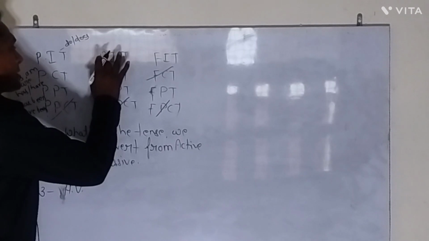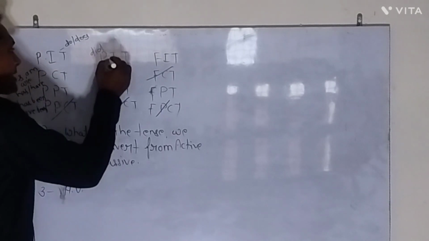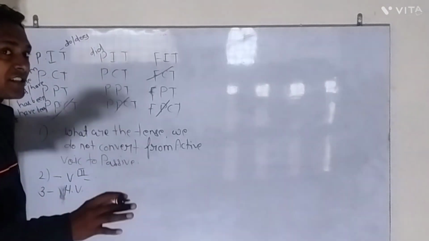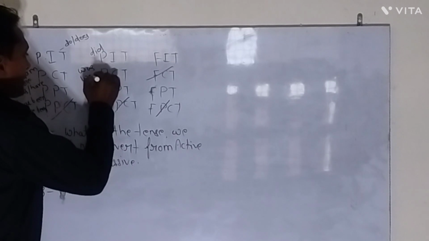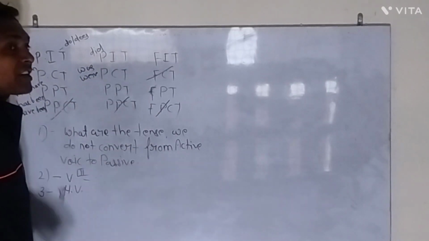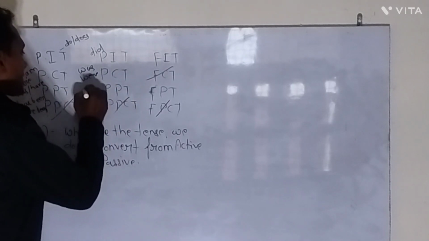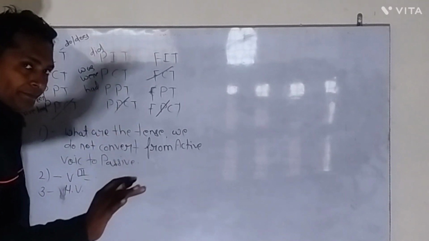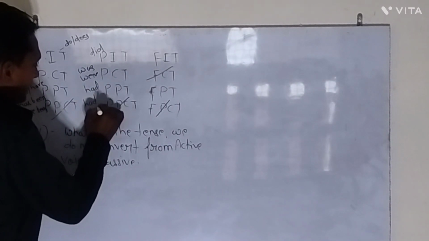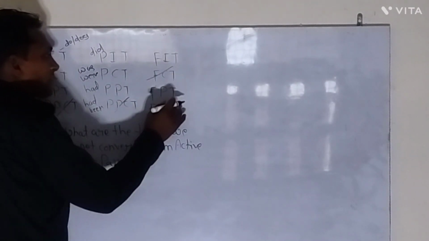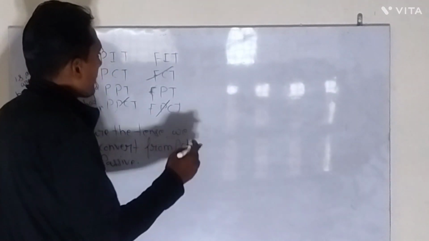Here the helping verb of past indefinite tense is was or were. Past perfect tense has had, right? And past perfect continuous tense has had been. Similar for future also. We must be aware of what the helping verbs are.